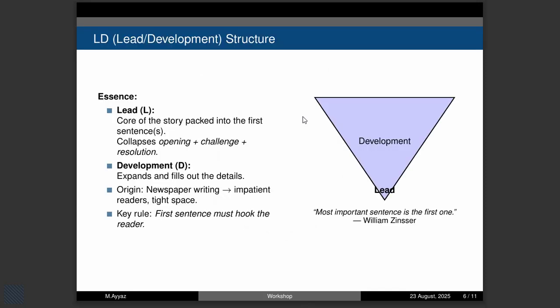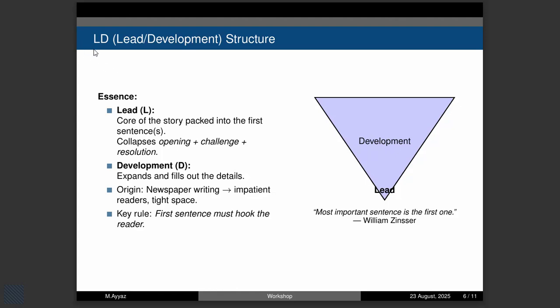The next is the structure for the most impatient audience, and that is the LD structure, often called the lead development structure. It is used most by newspaper writers. You may have seen that on the first page of the newspaper, most stories are described, and some part of the story is left out intentionally and usually completed in the later sections of the newspaper.